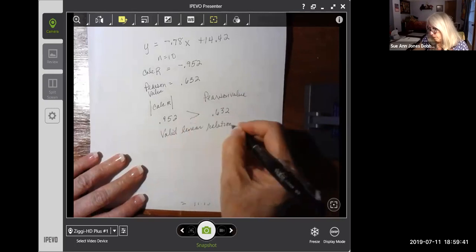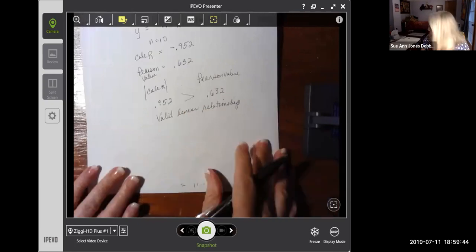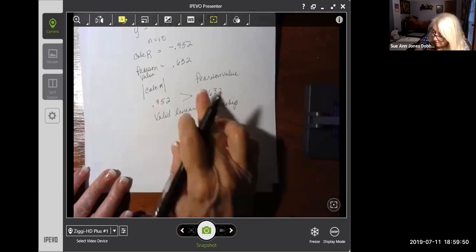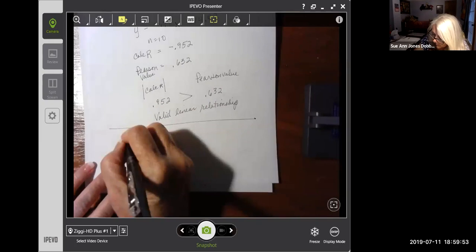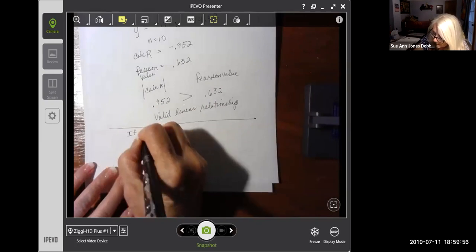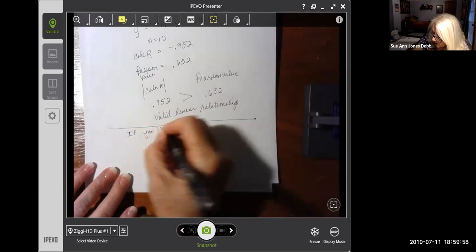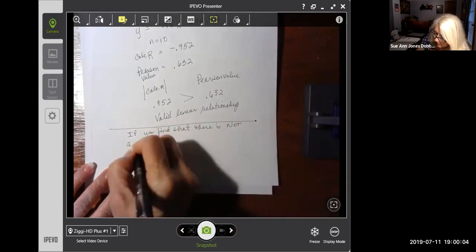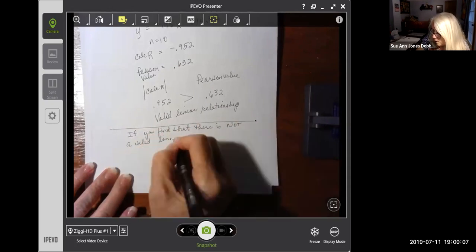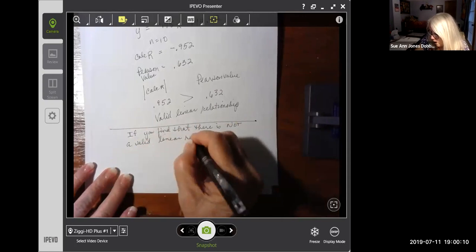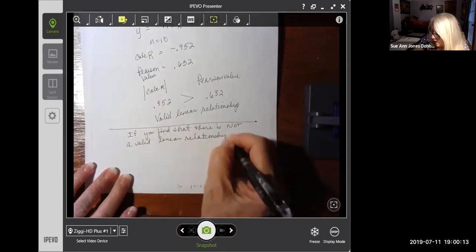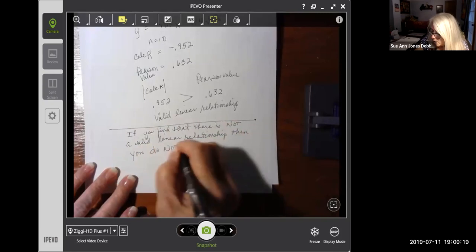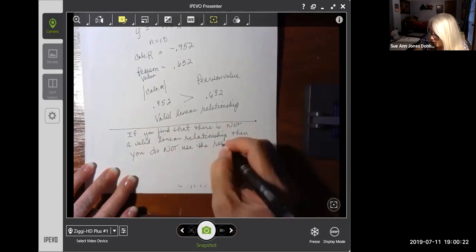Okay, so I wasn't successful at finding one out of your textbook that had a failure for this comparison, but let me reiterate that if you find that there is not a valid linear relationship, then you do not use the regression equation for predictions.